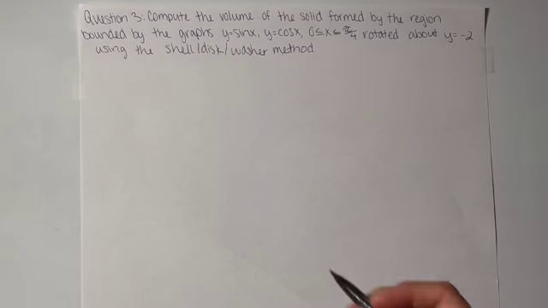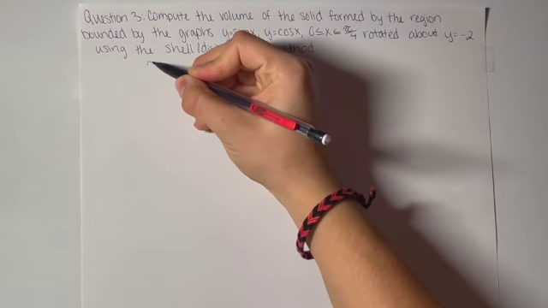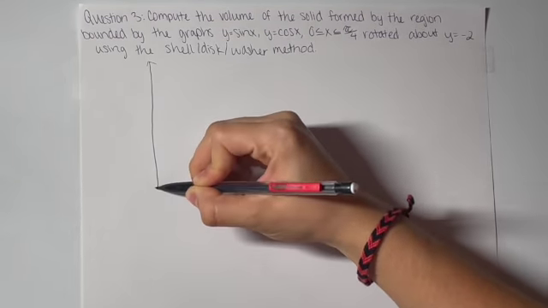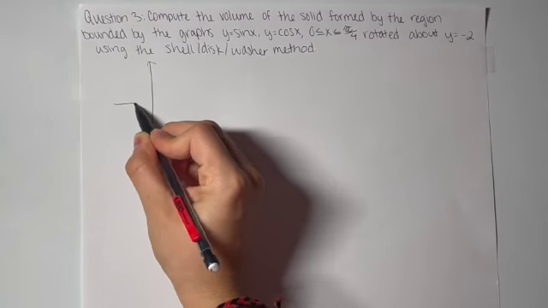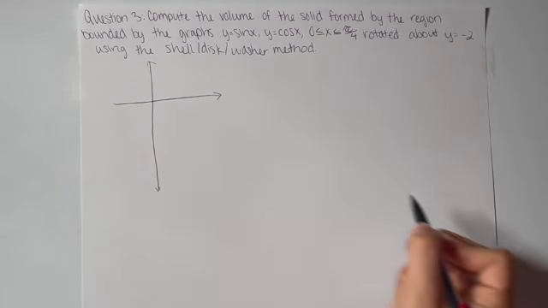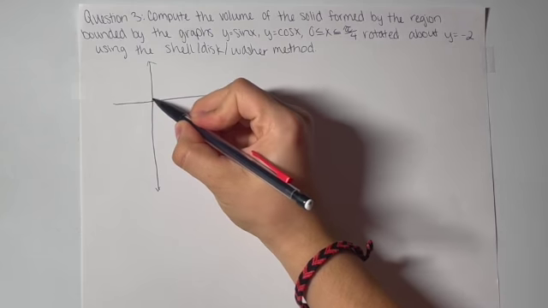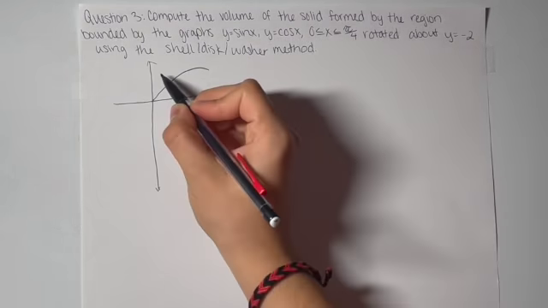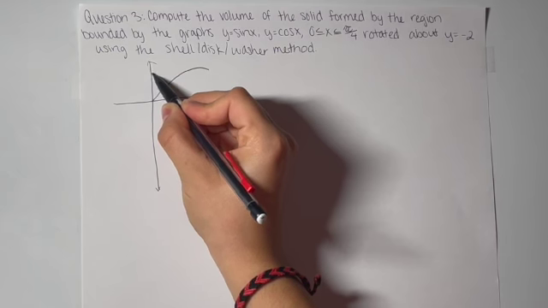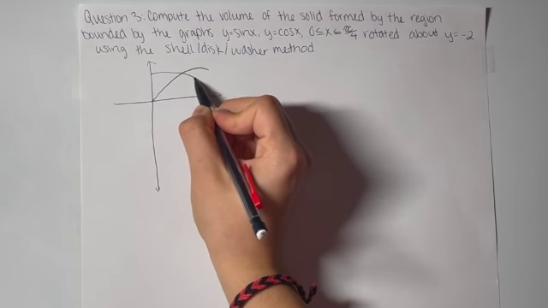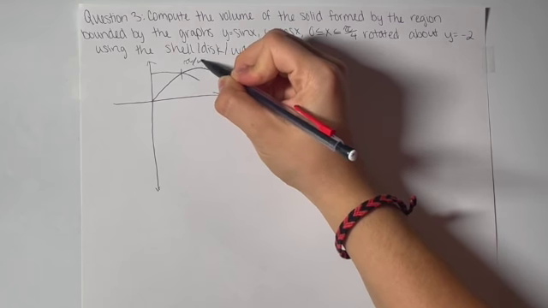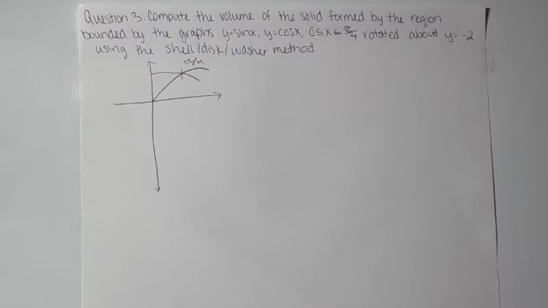First, we can start by drawing the graph, and drawing our functions. We can first draw y equals sine x and y equals cosine x. They intersect at pi over 4.